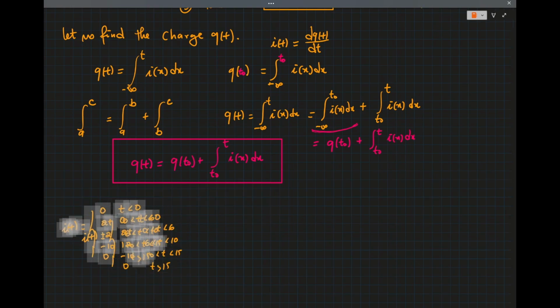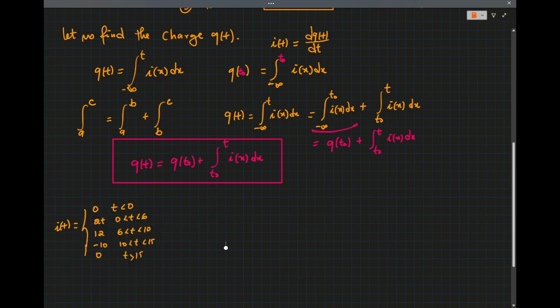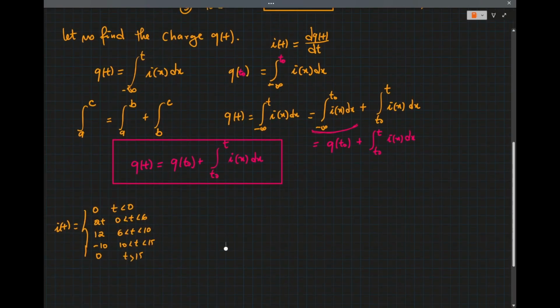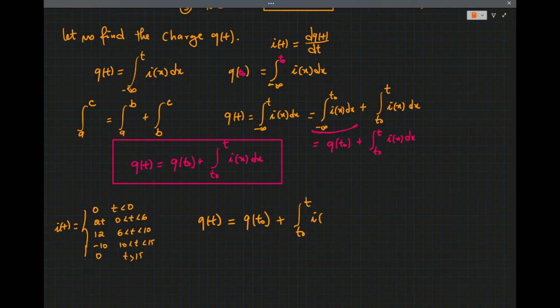Now the goal is to find the charge, so we use this to find q of t. We know that q of t is q of t0 plus the integral from t0 to t of I of x dx. I'm going to use the formula that we just derived up there.